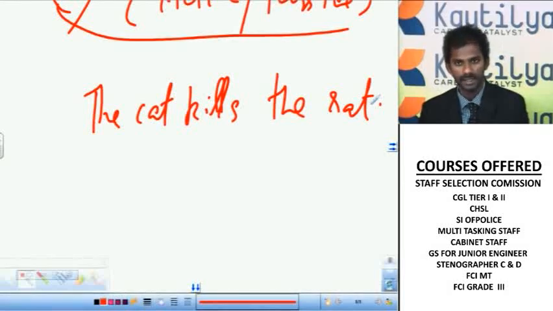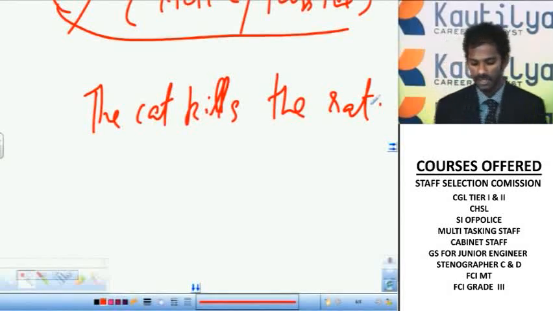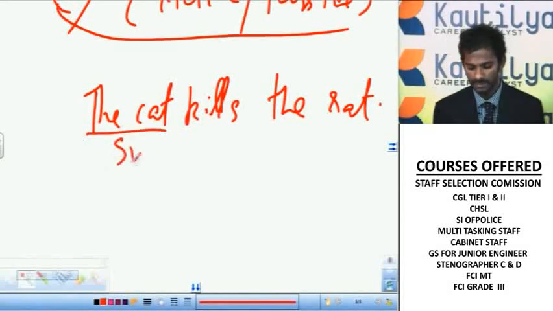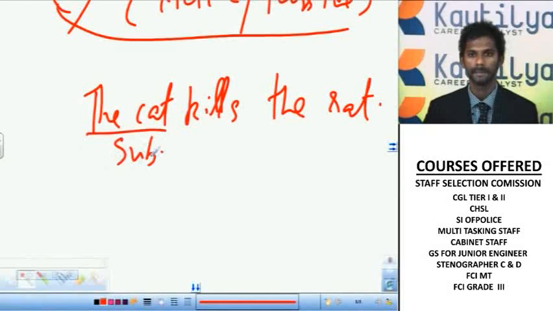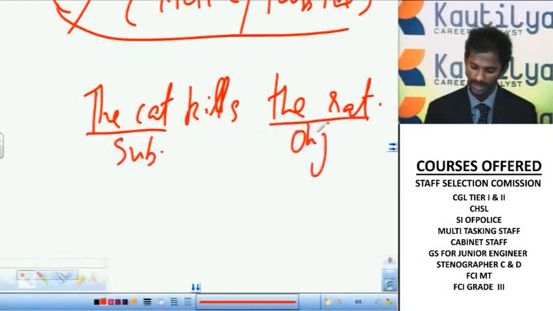Action here is kills, verb. Fine. Main verb, because a main verb is what denotes action. Kills is an action, so kills becomes a main verb. Clear? The cat kills the rat. What is the subject here? The subject here is the cat. Fine. Object is the rat.